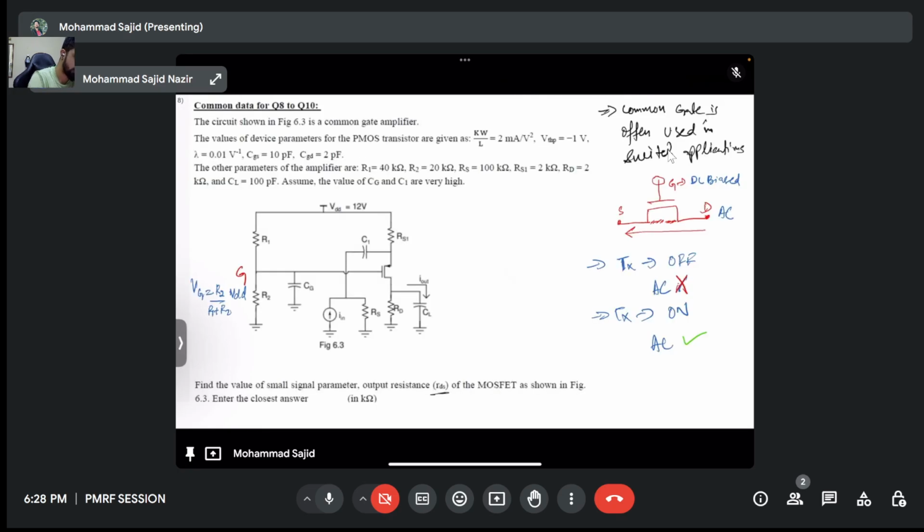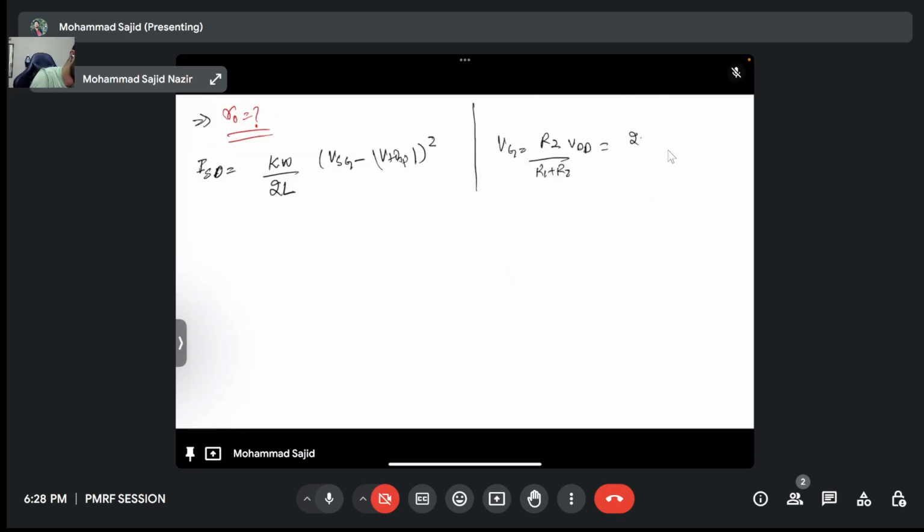So this is R2 20, R1 is 50. This is 20 kilo ohm divided by 50 kilo ohm plus 20 kilo ohm, multiplied by 12. That's VDD. So it comes out to be 4 volt.